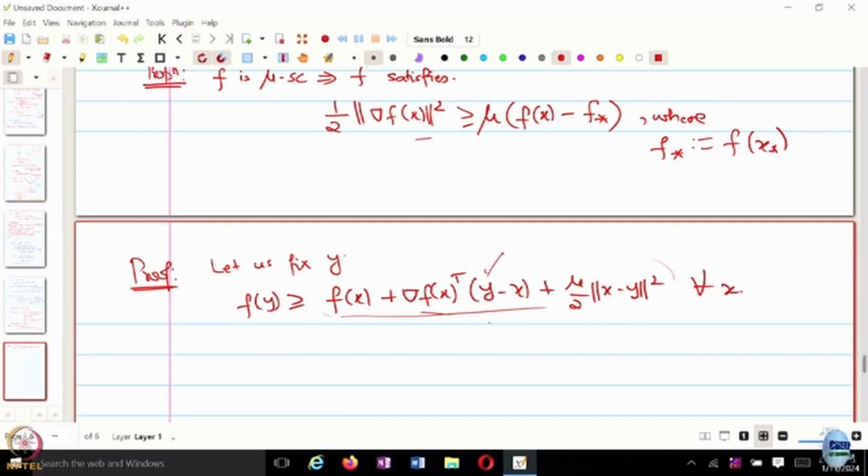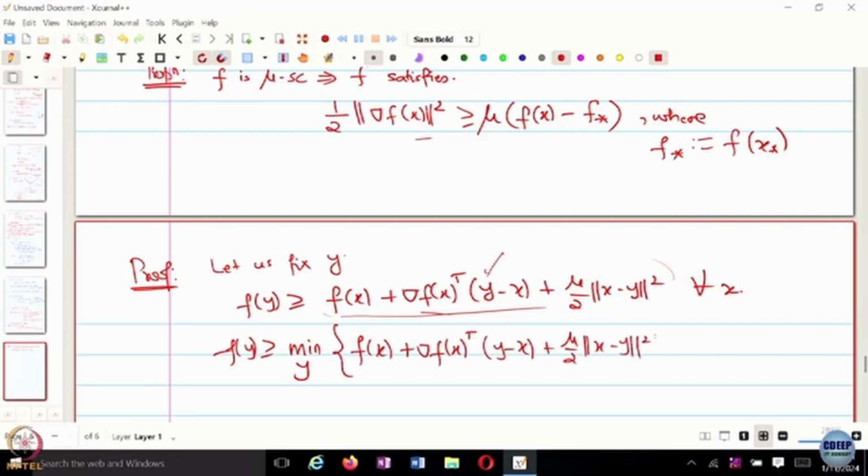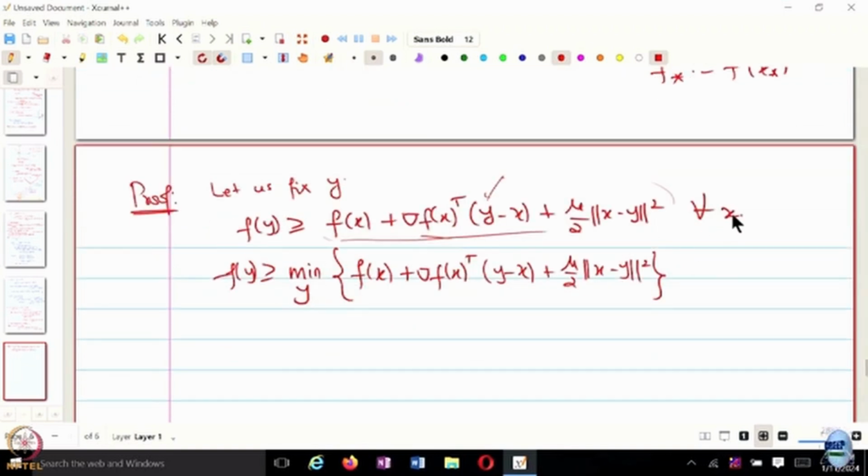So f of y is greater than or equal to the minimum over y, for all x.